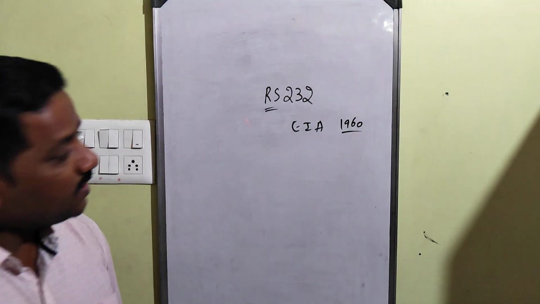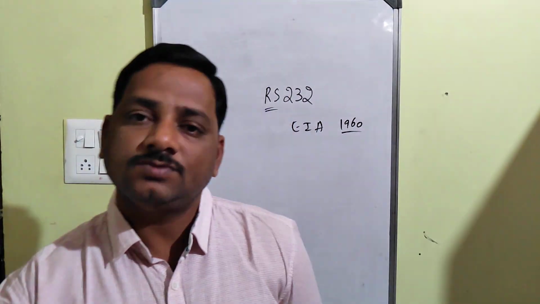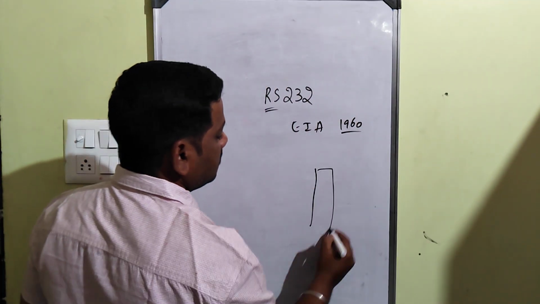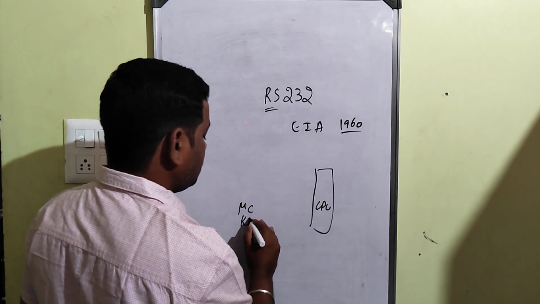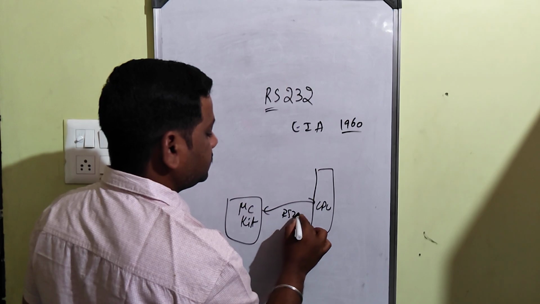One thing we need to understand is why this RS-232 is used. I told you that it is to communicate, but there is a compatibility issue. We need to match the compatibility of a microcontroller kit and a CPU. This is the CPU where we write a program, and there is a microcontroller kit. We need to connect them, and that connection is done by RS-232.